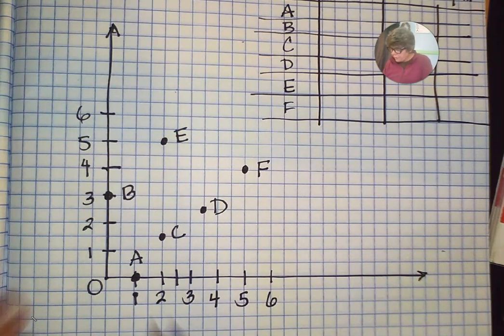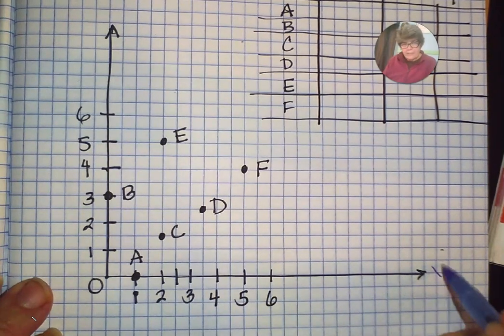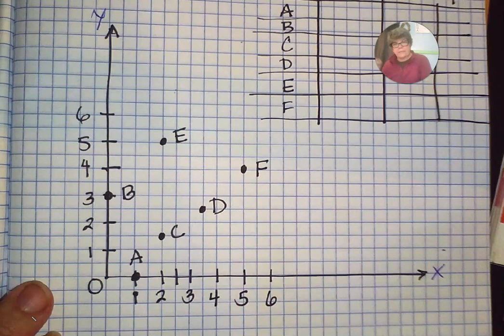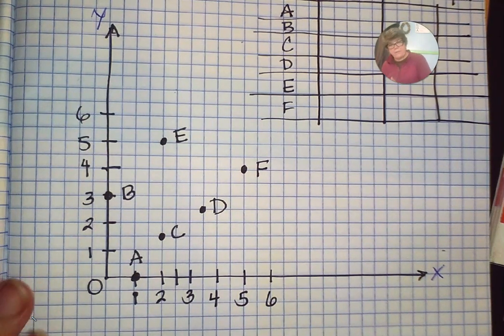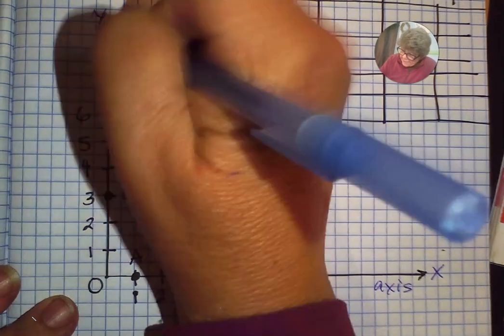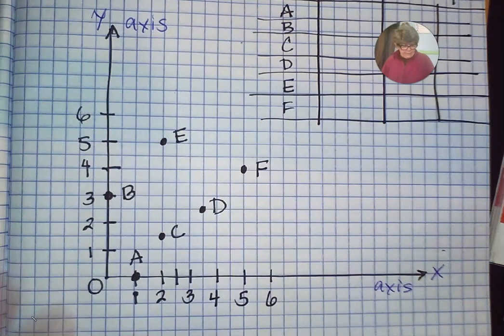So we're going to draw these straight lines. You're going to put arrows at the end. This one is your X and this one is your Y. It helps to label those. Practice over and over and you'll get it. So now that we have our two axes, our X axis and our Y axis, together they make axes, right?